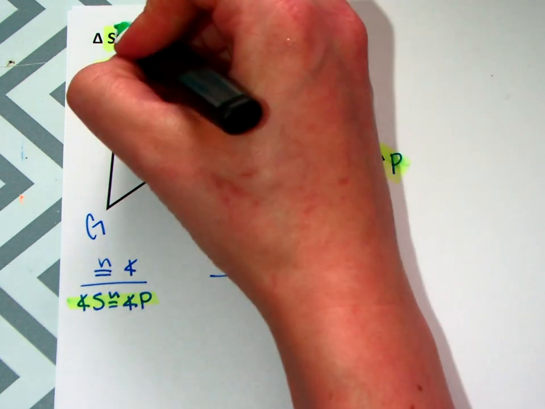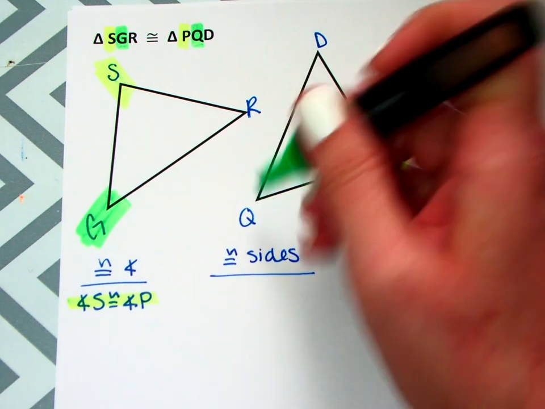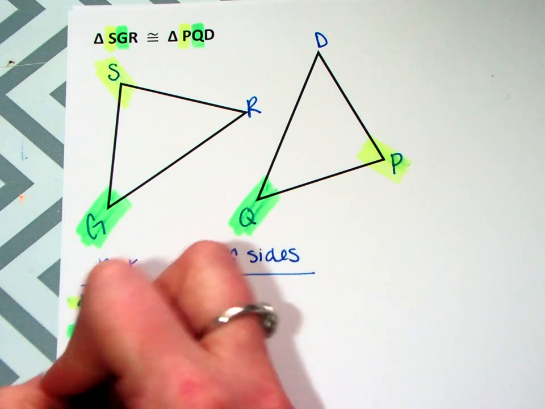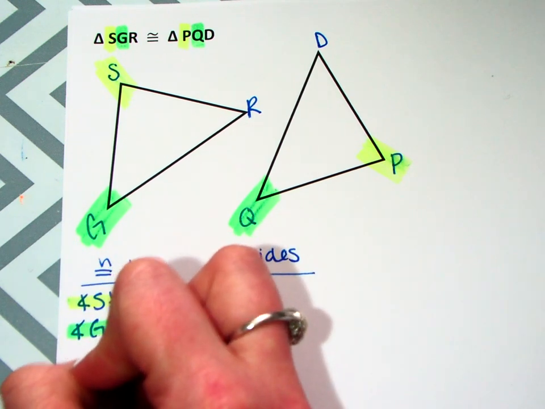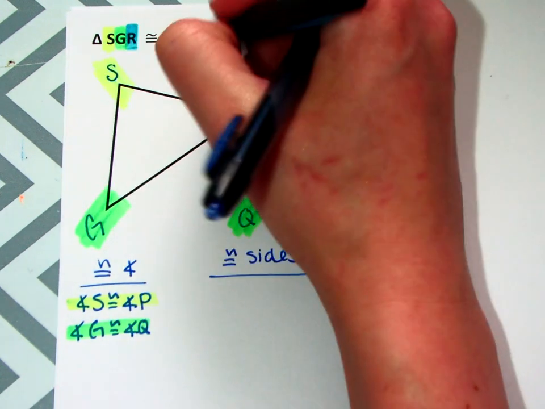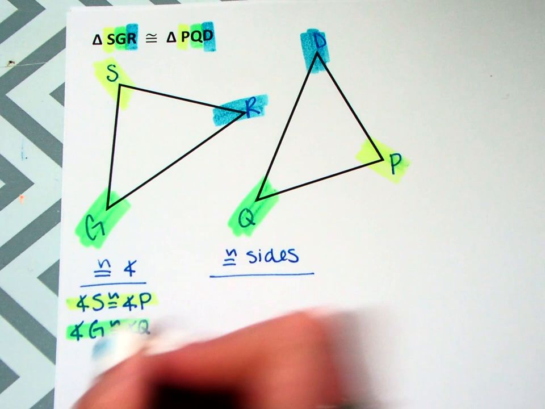My second letter is G and Q. Angle G is congruent to angle Q. They're both listed second, so that lets me know that they are both the same. And lastly, we have R and D. So angle R is congruent to angle D.